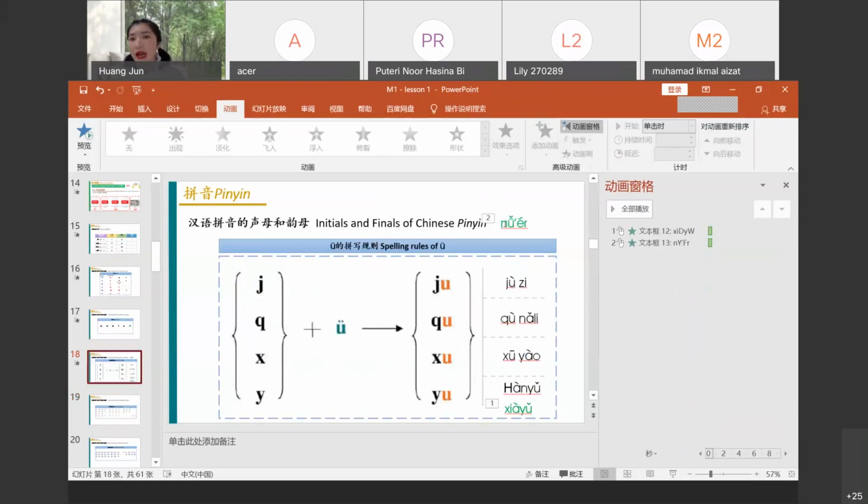If you put it after other letters, they will put the two dots above the word. But when you're writing, if you put it after G, Q, X, Y, these four letters, then the two dots above, you have to remove. So you cannot put the dots back when you're writing, okay?